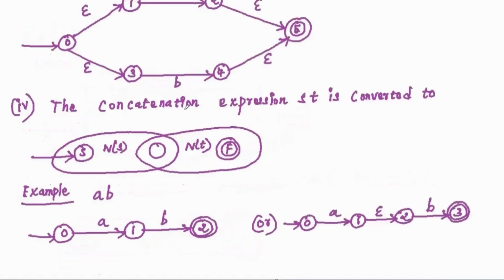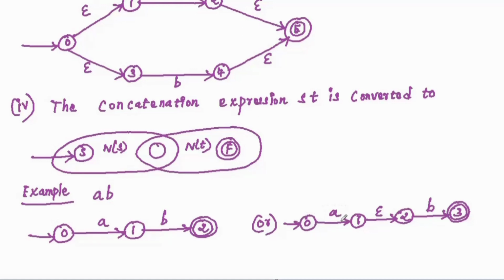Next rule, the concatenation expression. The initial state is S, and by some input N of S we go to the next state. The transition from this state to the final state F will be on receiving some input N of T. In the example AB, we are in state 0.